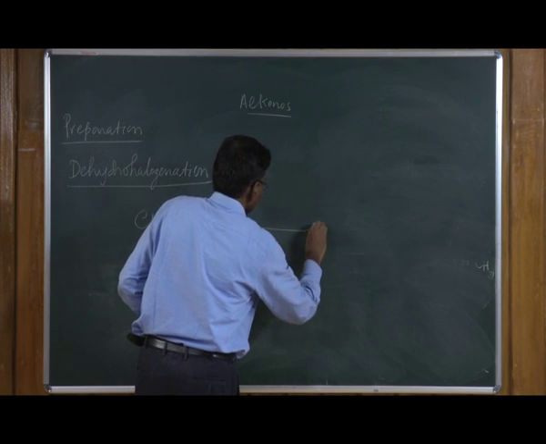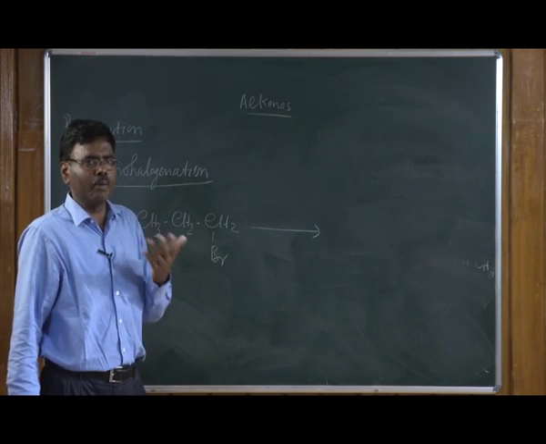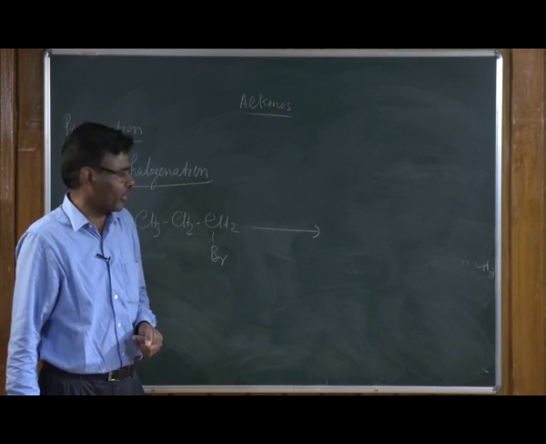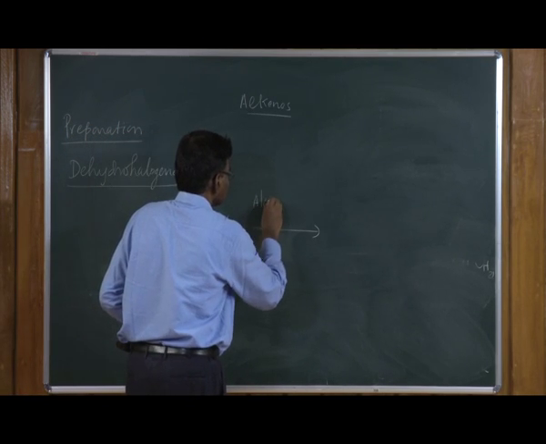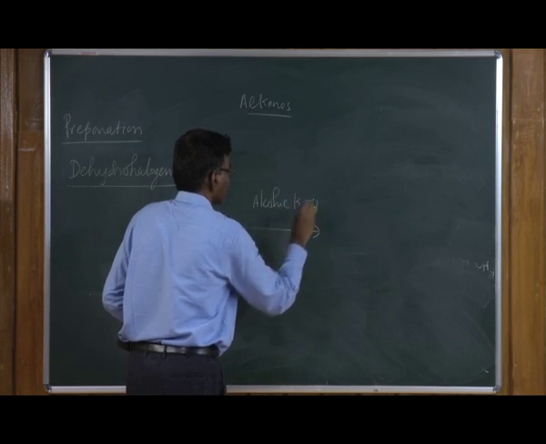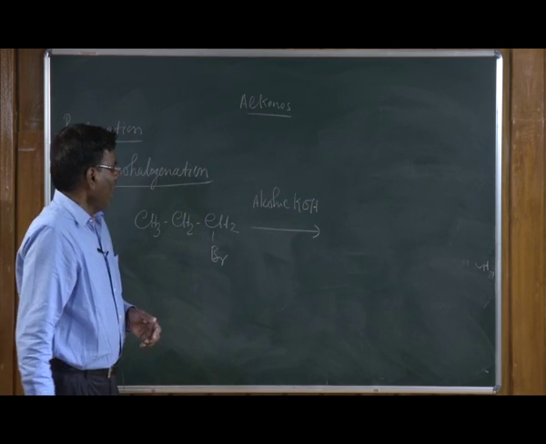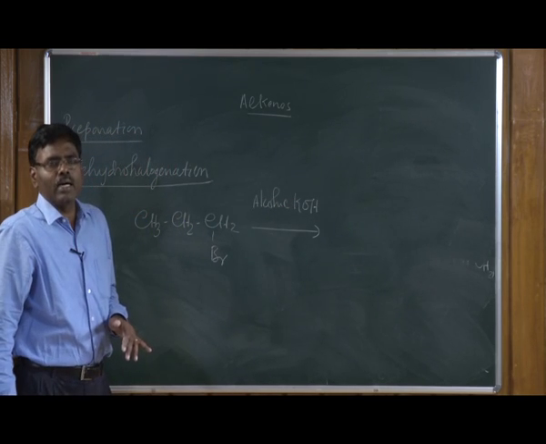So, when you treat this compound with alcoholic sodium hydroxide or potassium hydroxide, which is a base, and this KOH again depends upon the alkyl halide.